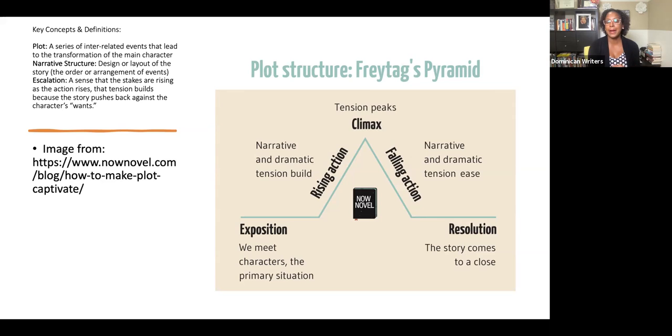Now, when I think about narrative structure, the design or layout of the story, I would say the story takes place in chronological order. Even though there's a little bit of flashback here and there, it's pretty much happening in real time. It's told in a second person roving narrative that goes in and out of various characters' perspectives.